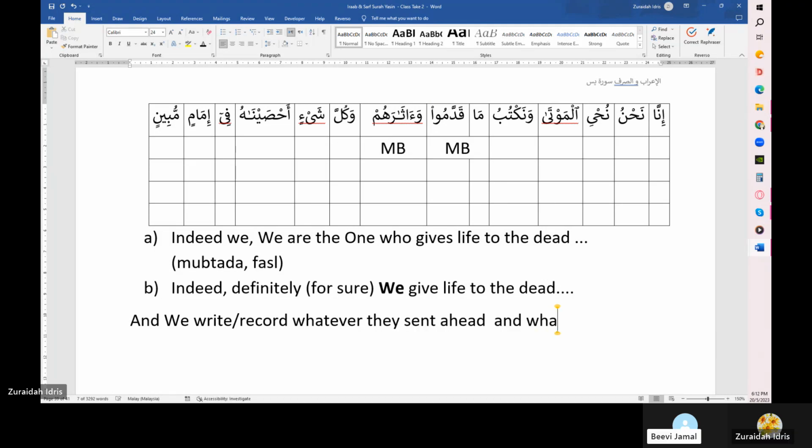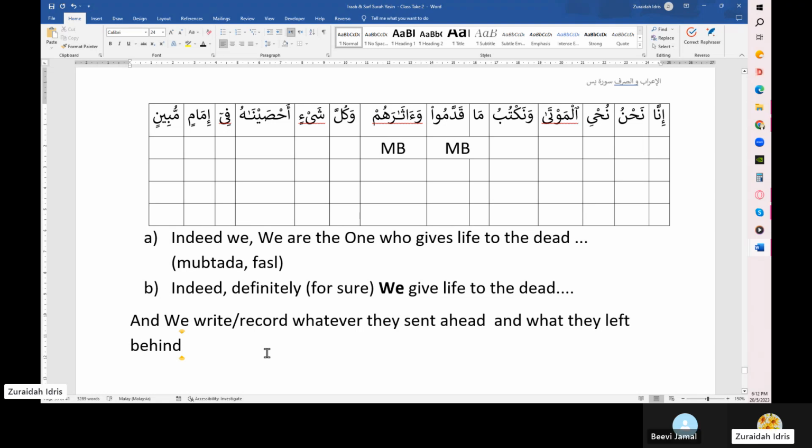Here it says ma'tuf ala ma, so which means the ma, and then whatever they sent ahead, and their traces, whatever should be there also, right? Maybe that's why the what they left behind is there. Okay. What they left behind.